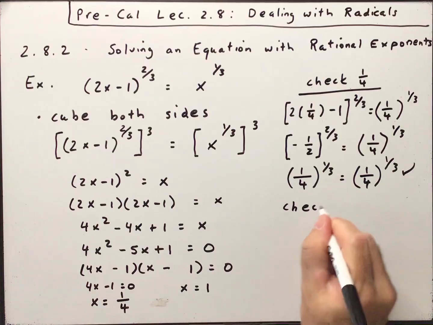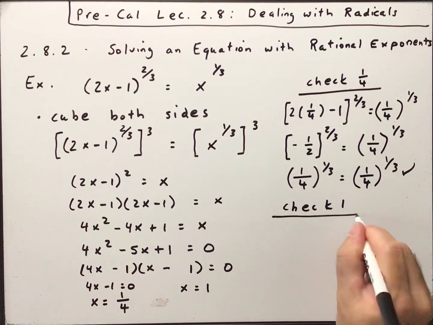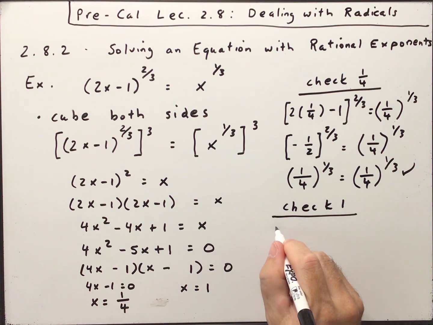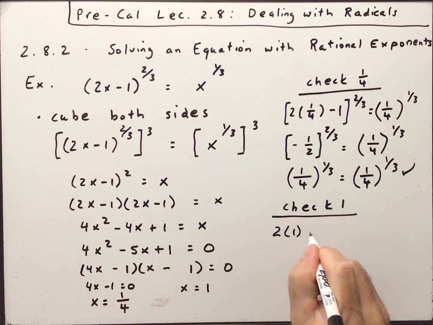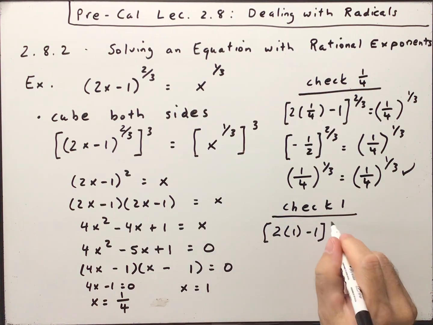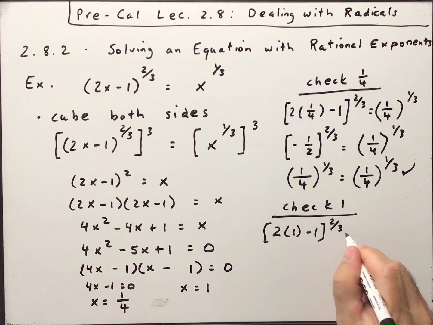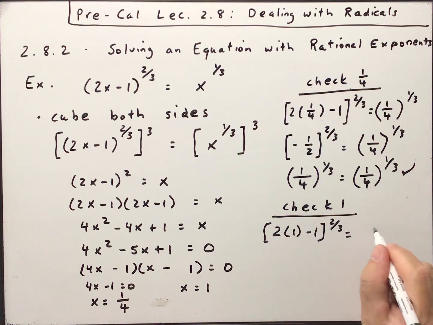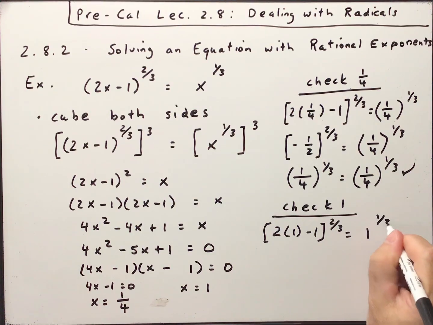Let's check 1. This will be easier to check, right? So we've got 2 times 1 minus 1 to the 2/3. Checking is the biggest pain of these problems, is equal to 1 to the 1/3.